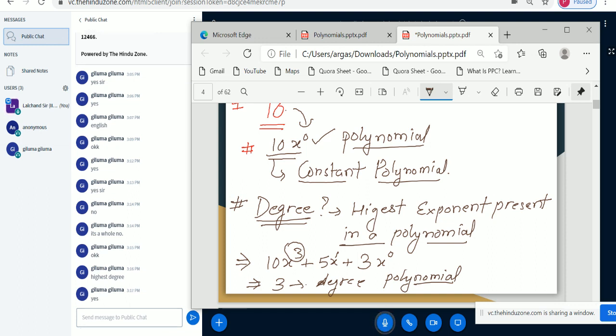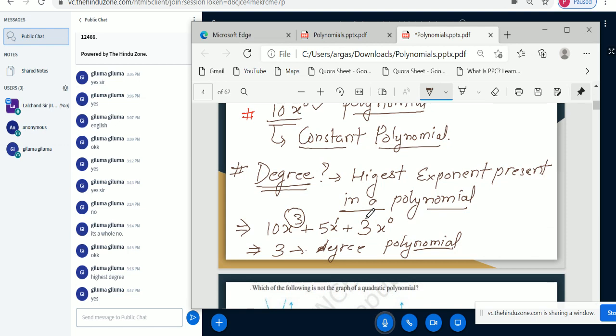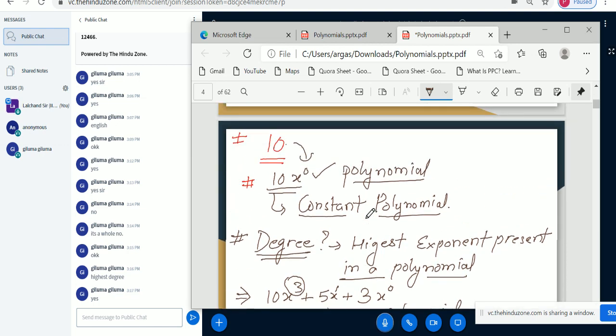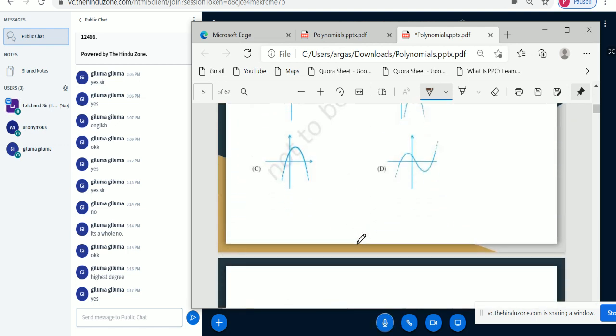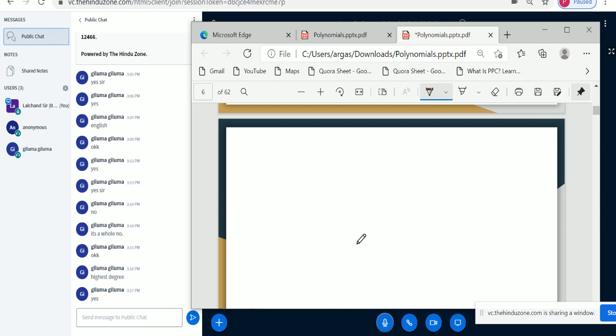Okay. So based on degree, we classify polynomials into certain types of polynomial. Okay, the first is our constant polynomial.